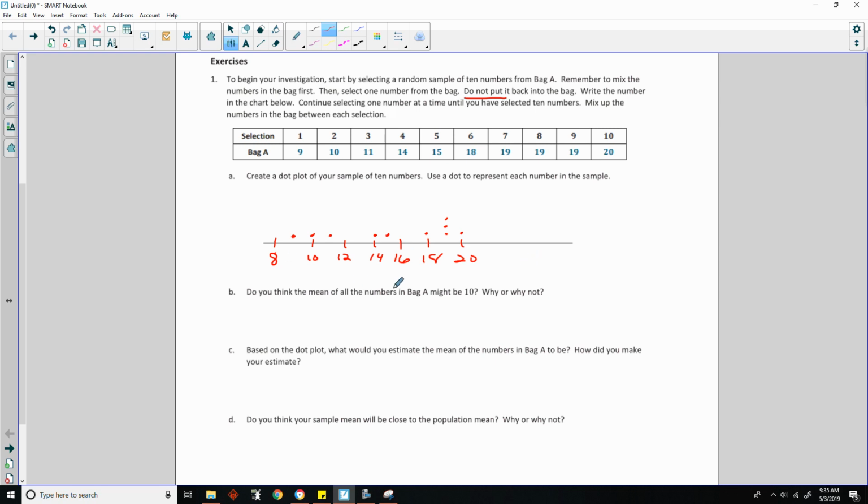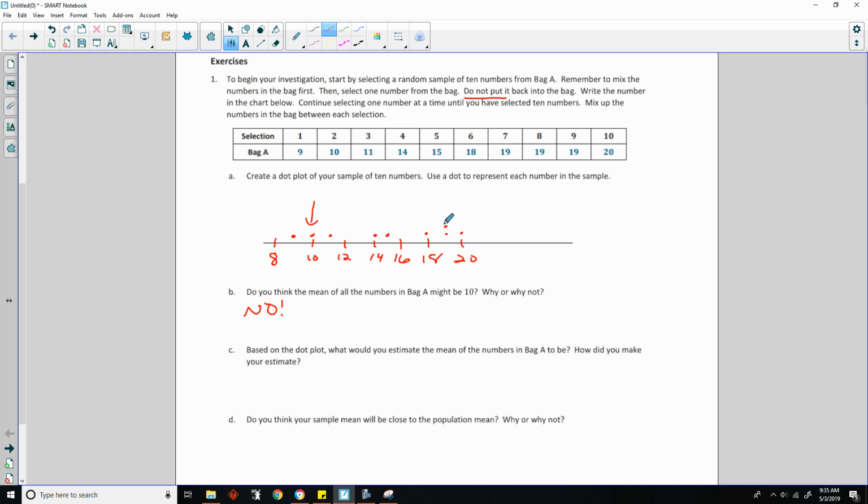Do you think the mean of all the numbers in bag A might be 10? Do you think the mean is down here? I would hope that you would say, no, 10 is too low. Okay, the mean, I would take all these numbers, add them up, and divide by 10. All the numbers but this one are above 10, so that would not be a good decision.